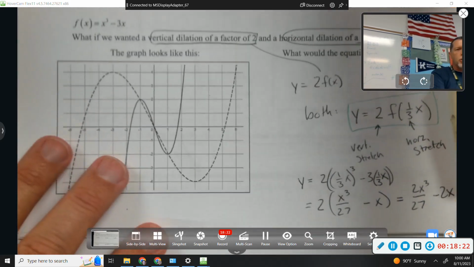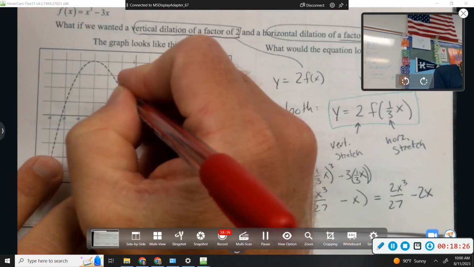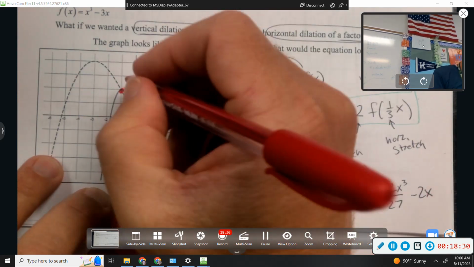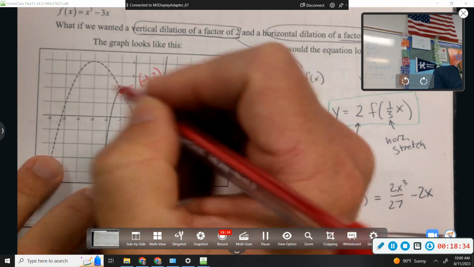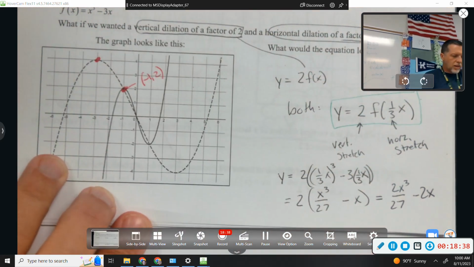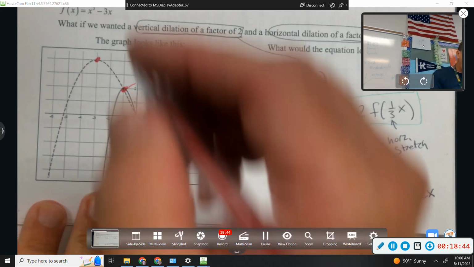Let's look at some corresponding points and see if this matches what we said was true. So like this point right there that is on the original graph is -1, 2. And I think we can convince ourselves that the corresponding point, the top of the left hill, if you want to call it that, is -3, 4.